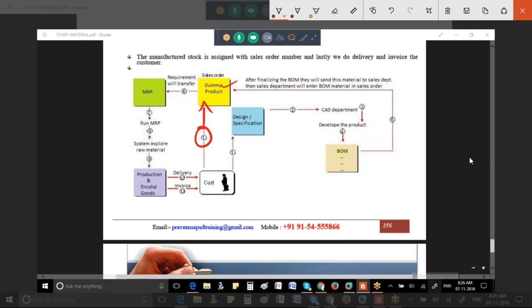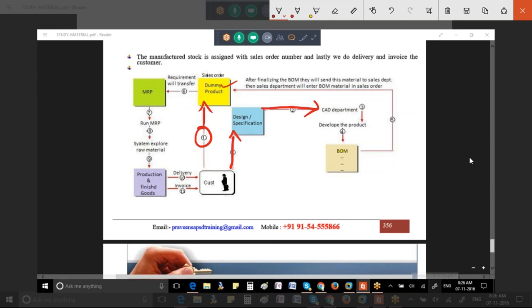Along with this order, the customer also gives his specifications and design, how he wants the product. Once you have the order and the design specification, you send these details to your CAD department, the design department.